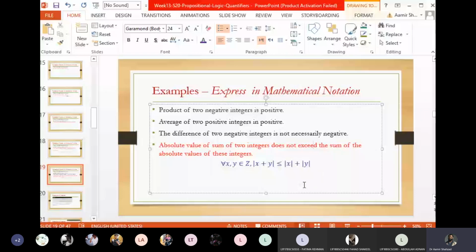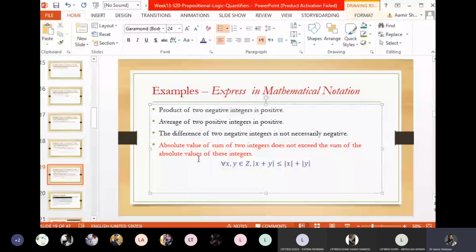If we have two integers, they could be positive or negative. If we sum them and take the absolute value, it does not exceed, meaning it remains below or at most equal to, the sum of the absolute values of these integers.